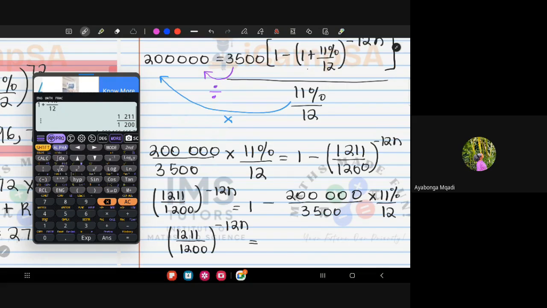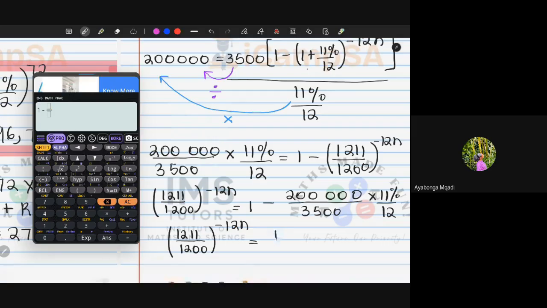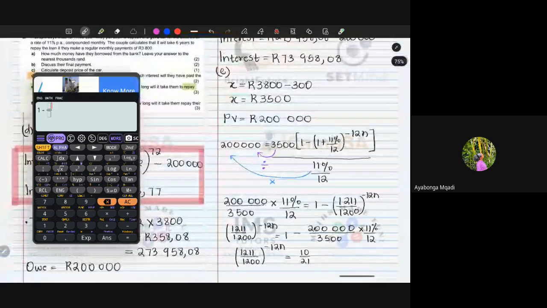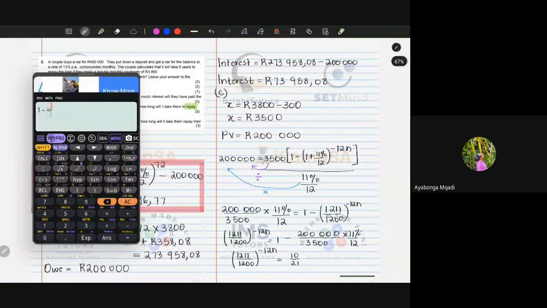Anyone? It is 10 over 21. 10 over 21, like this. Yes. Okay, interesting, awesome.